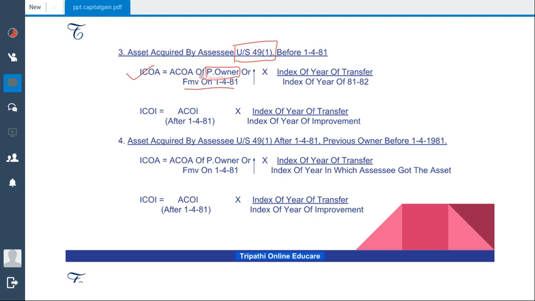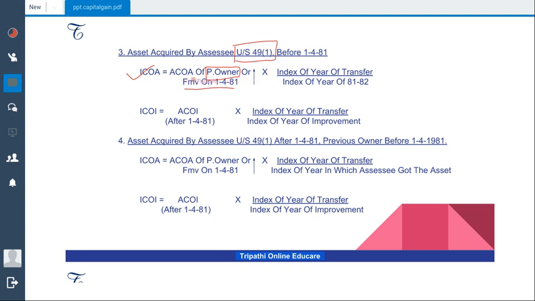So it will be actual cost of acquisition of previous owner. Now why we are taking of previous owner? Because your actual cost of acquisition is 0. Hence, you will have to consider the cost of the previous owner under section 49(1). That is why we are taking actual cost of acquisition of previous owner.